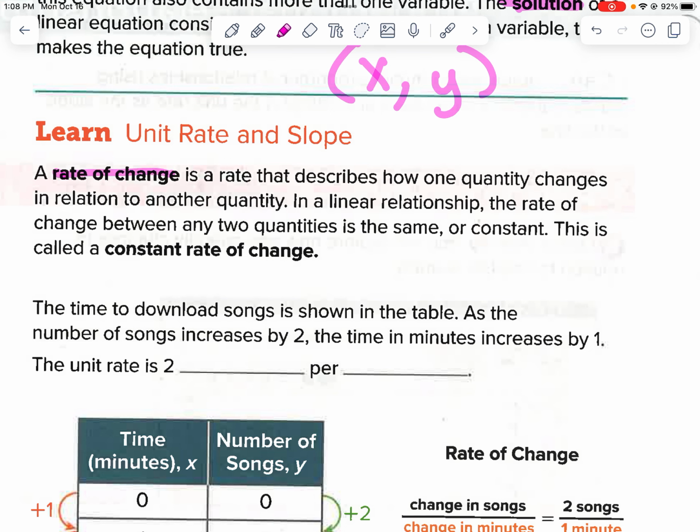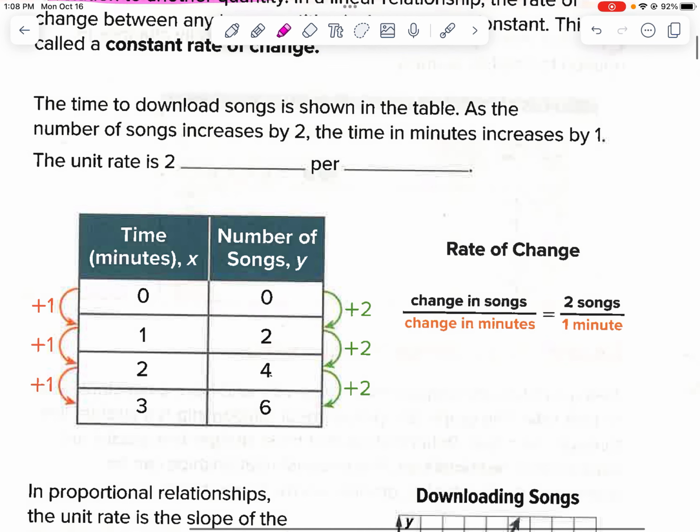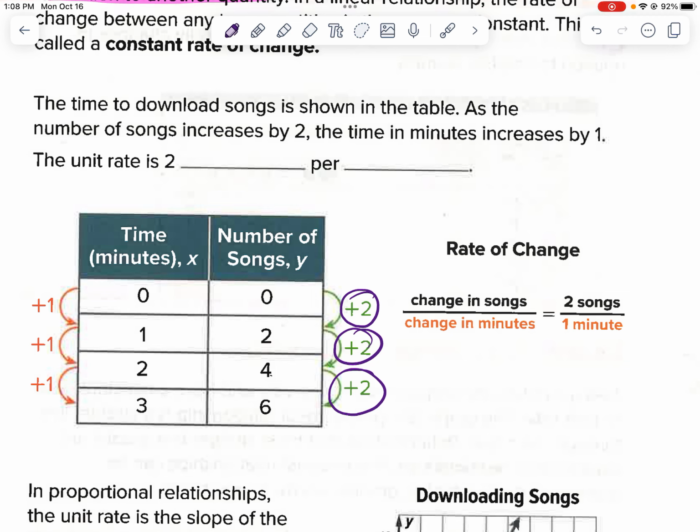The rate of change is a rate that describes how one quantity changes in relation to another quantity. So we just did this a second ago on the Explore. It says the time to download songs is shown in the table. As the number of songs increases by 2, so each time it goes up by 2, the minutes go up by 1.